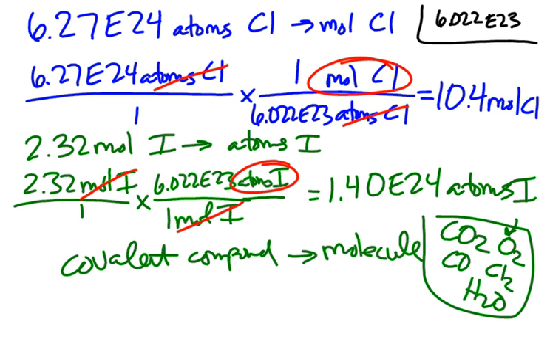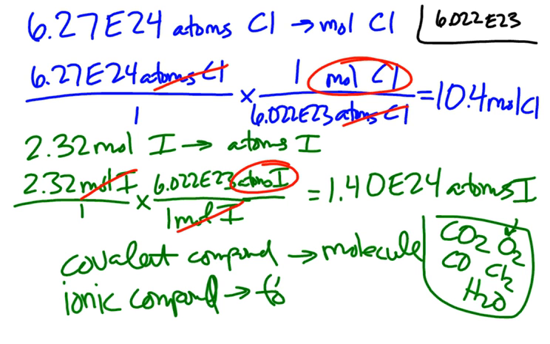If I have something that's an ionic compound, I don't call it a molecule, because substances that are held together by ionic bonds don't really have a physical bond, they just have an attraction of the ions. So I just call that a formula unit.